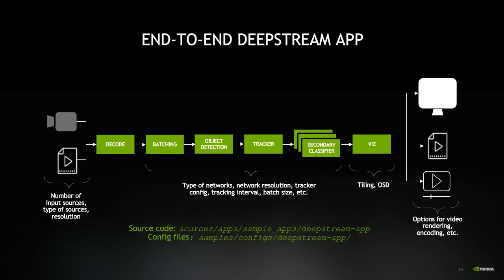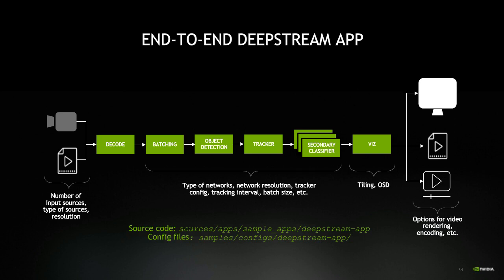We also provide an end-to-end DeepStream app in the package. This app is slightly more complex than the 4 test apps, but offers full configurability through a config file. All the parameters are controlled from the config file.